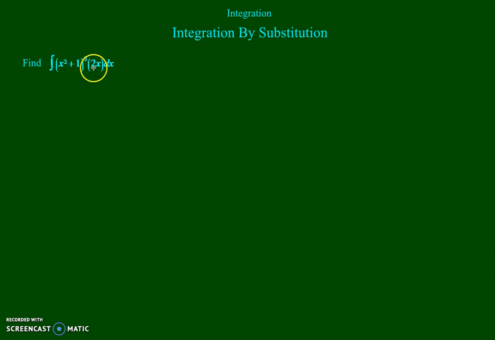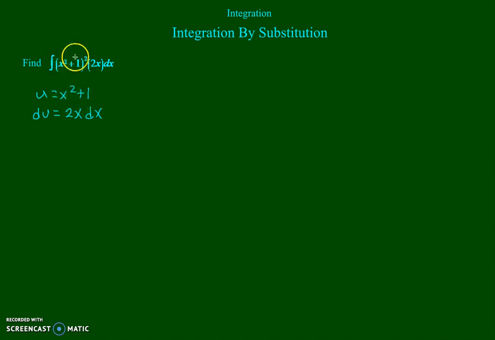Yes, in fact, this is the derivative of this, so we have our pattern. So I'm going to set my u to be the inside function, so u equals x squared plus 1. And then I'm going to take the derivative of this, so du equals 2x dx. And now you can see we have our pattern.